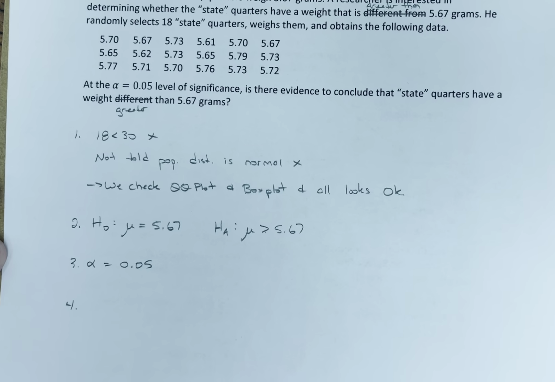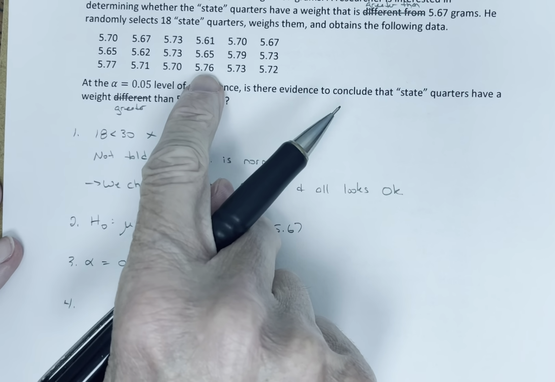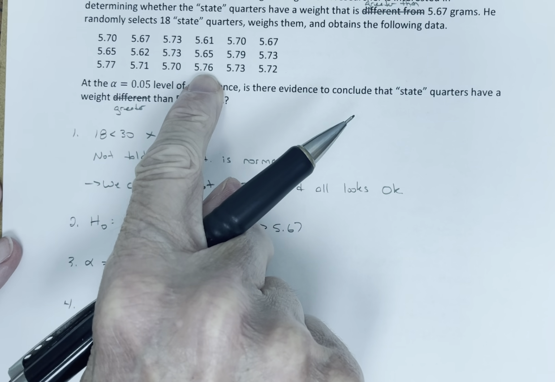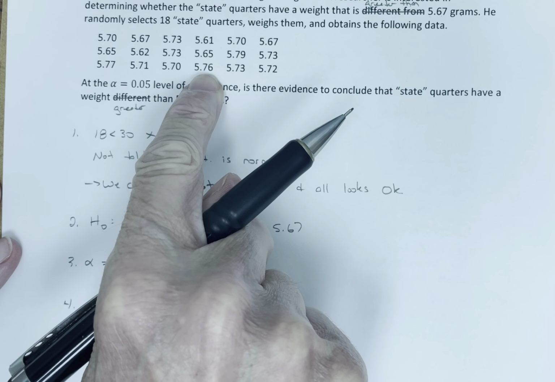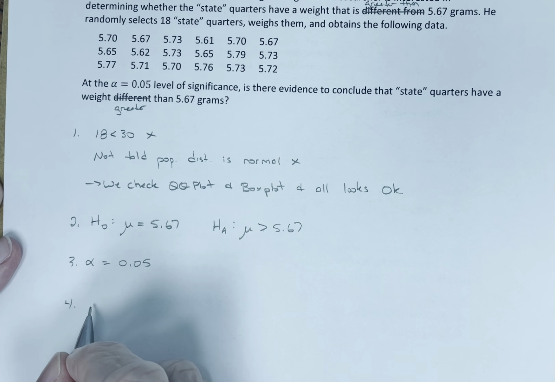Now, you're going to need to put this data into StatCrunch if it's not there already. I've already done that. StatCrunch is going to calculate all of this for us.